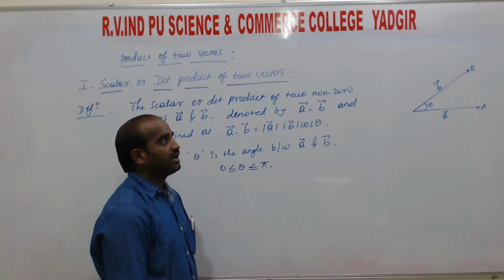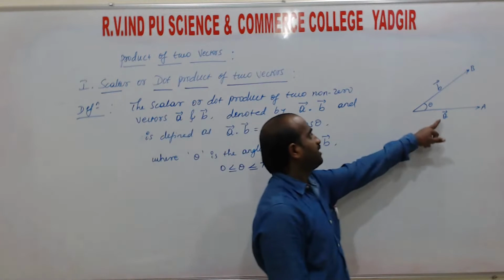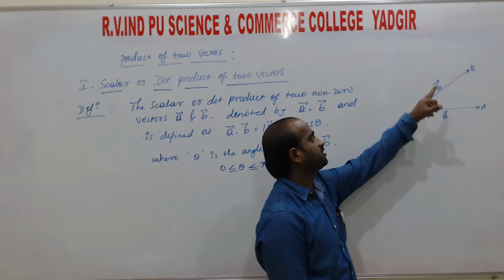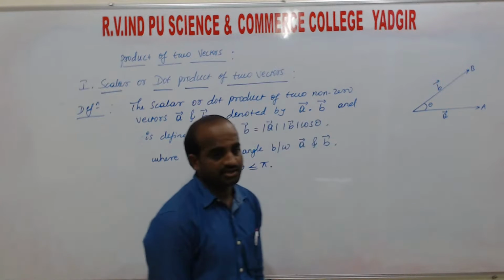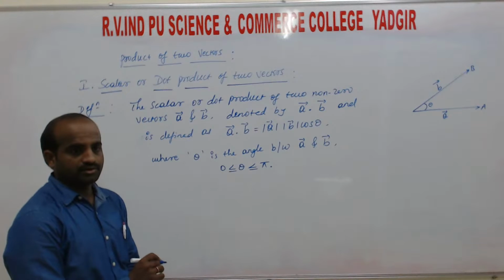Where theta is what? The angle between A vector and B vector. This is OA vector equal to A vector, OB vector equal to B vector.